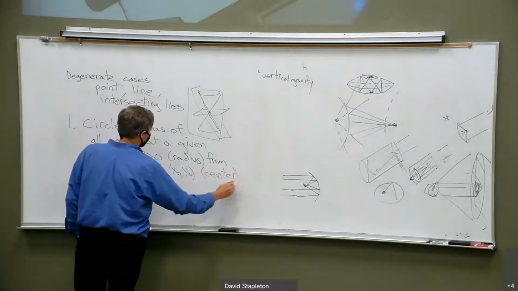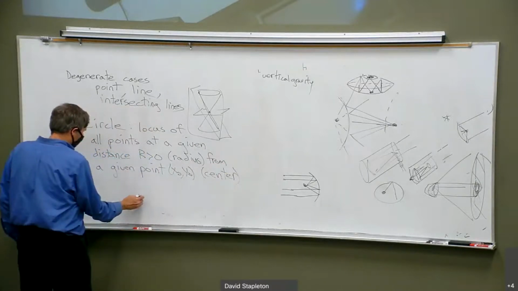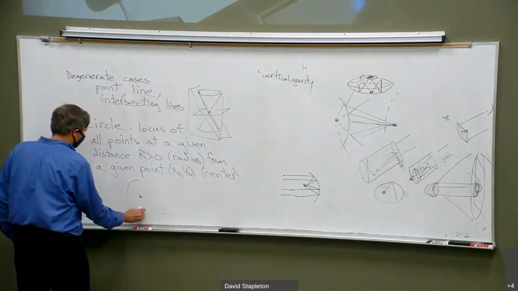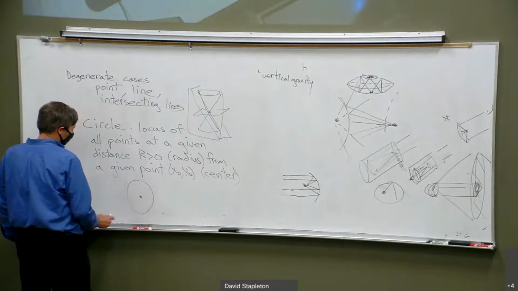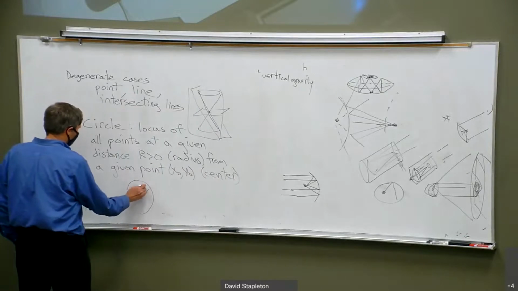The center and a radius define the circle. And here's the center, and then the circle is these points out here, not the center itself, right? And all the points at a distance r.